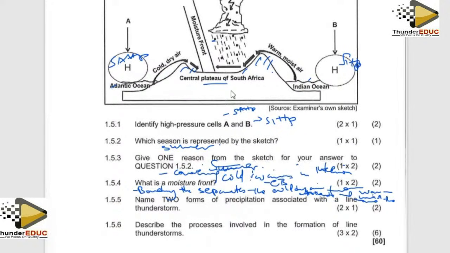So that boundary that separates the two air masses of different characteristics in the interior is known as a moisture front.